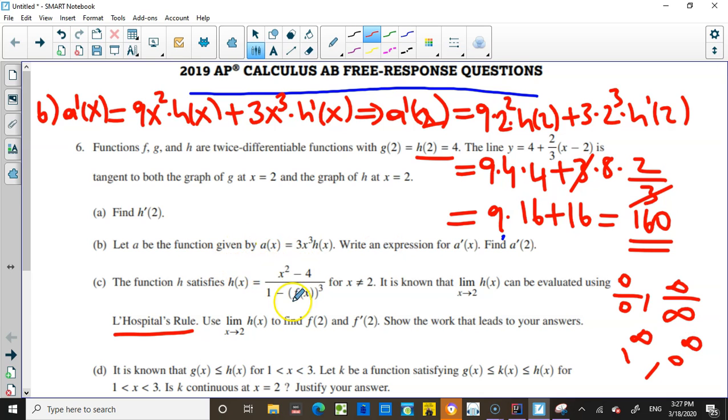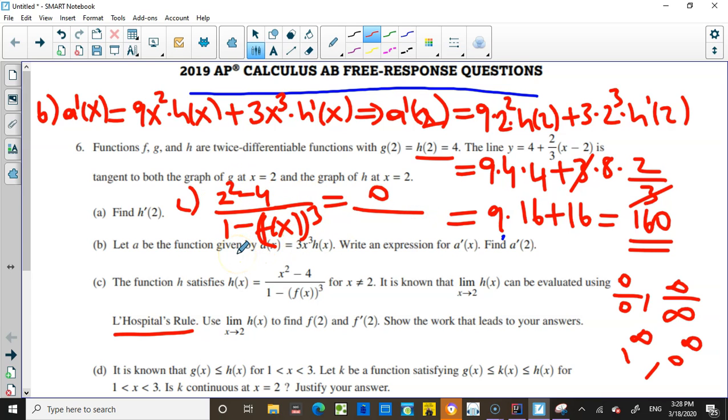When I do the direct substitution for part C, the top is 2 squared minus 4, which is going to be equal to 0, and the bottom is 1 minus f of x to the power of 3. So we have 0 divided by this expression.